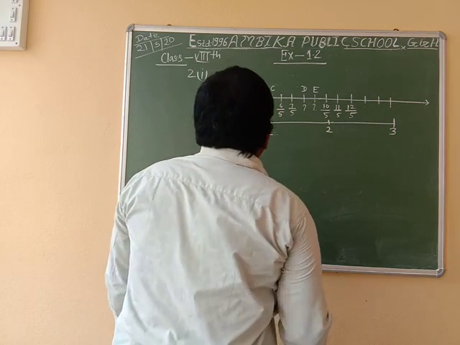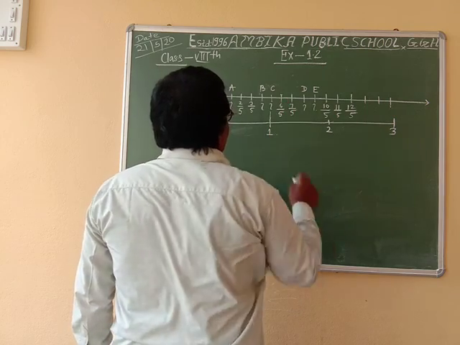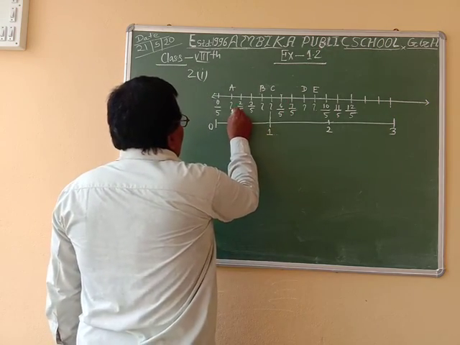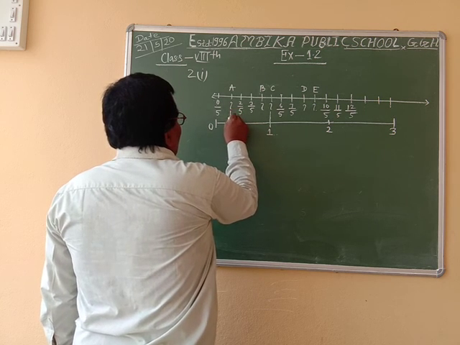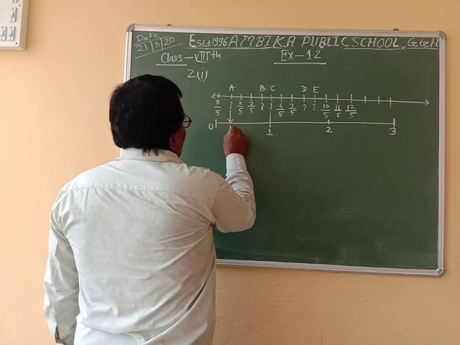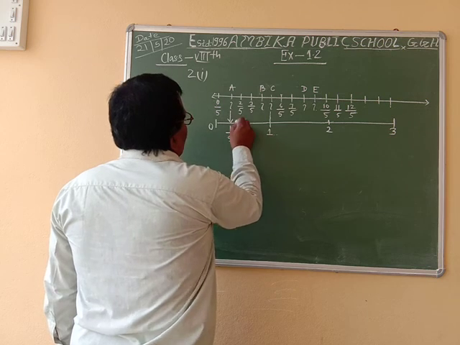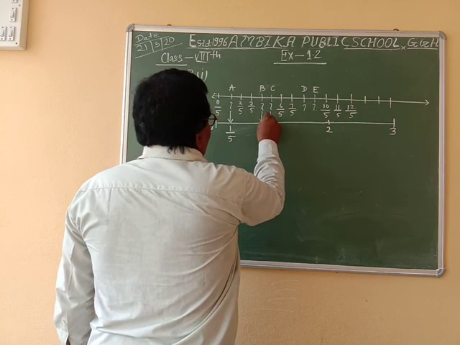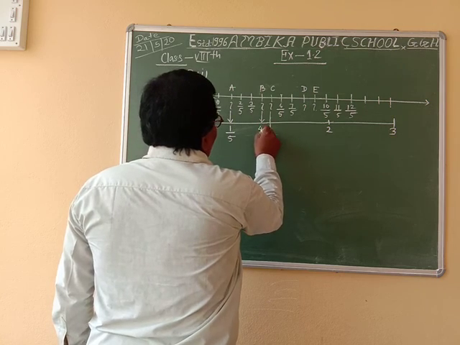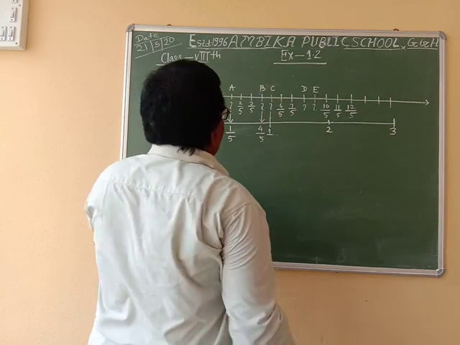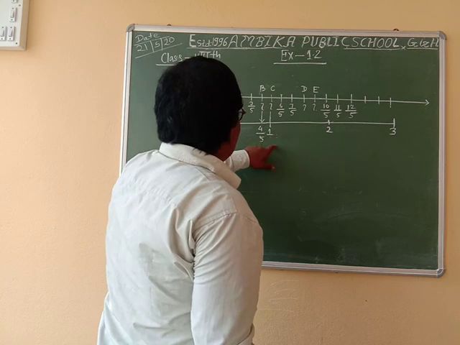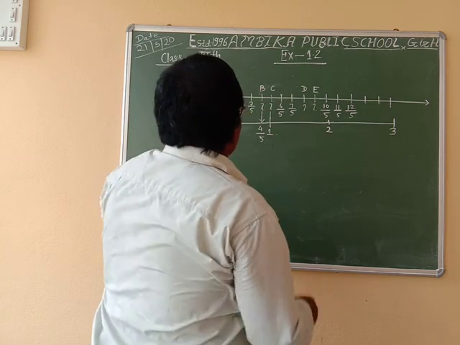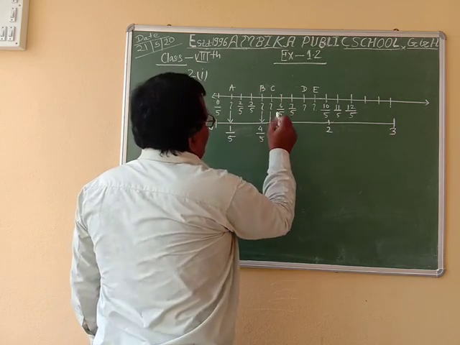So A will represent 1 by 5, then 2 by 5, 3 by 5, and B will represent 4 by 5, and C will be 5 by 5, because 5 by 5 is equal to 1. So C will represent 1.